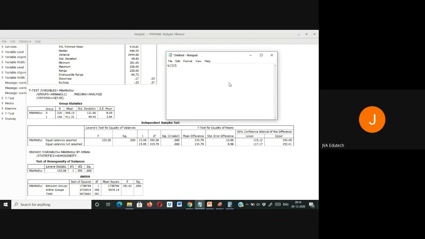Already you will write that we are taking equal variances not assumed, because when we tested the hypothesis of Levene's test for homogeneity of variance, the null hypothesis was rejected, which says that the variances are not equally distributed. 315.79 is equal to how much? 15.05.